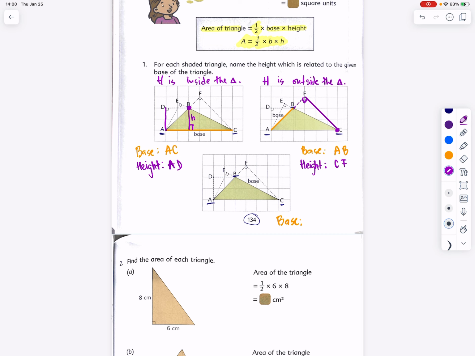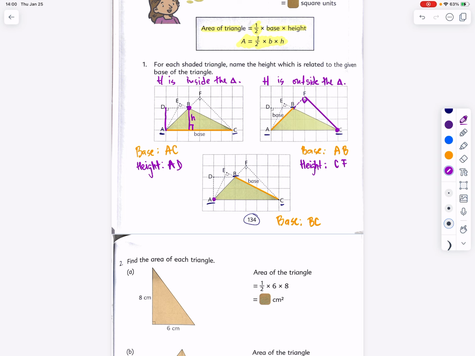And finally, let's take a look at the last example, where the base is identified as side BC. Again, how do we correctly find height? From this point of view, we have to look at the third vertex that is opposite of the base.